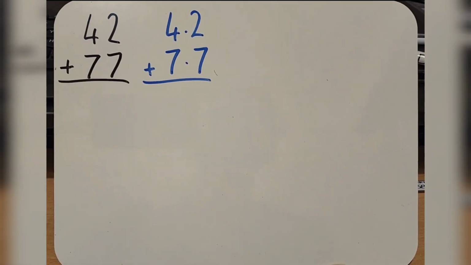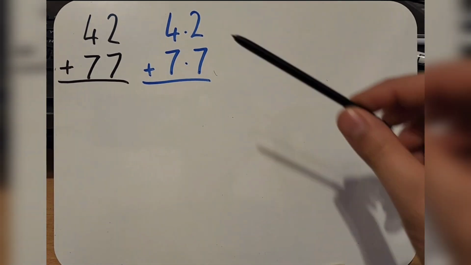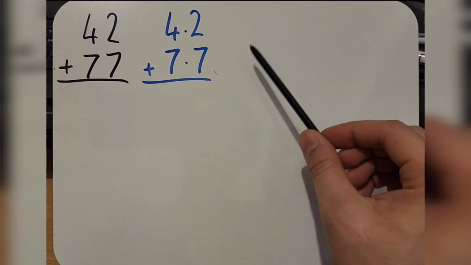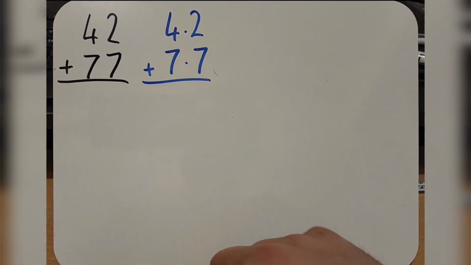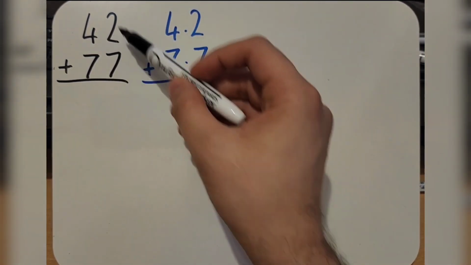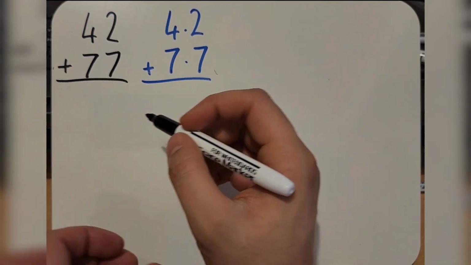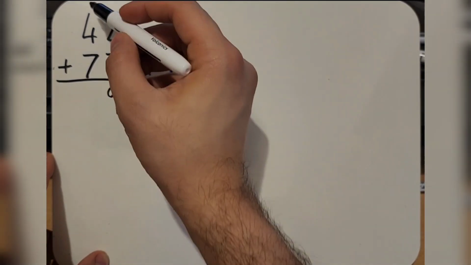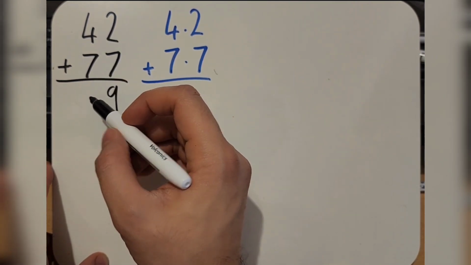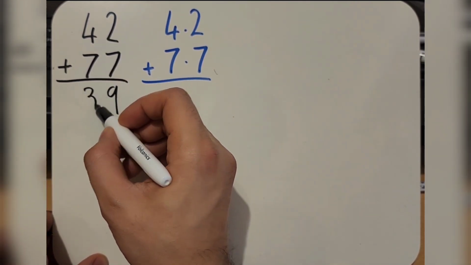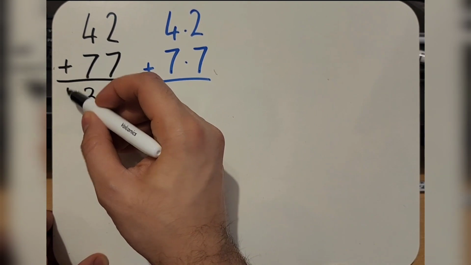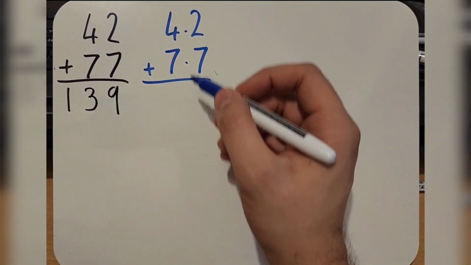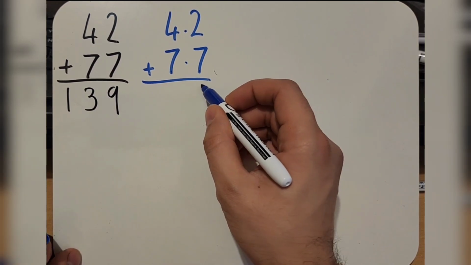So the calculation I actually want to do here is only slightly more challenging. 4.2 add 7.7. And I'm going to use the same thing here just as an example and model it using 42 and 77. 2 and 7 is 9. 4 and 7 takes us to 13. We put a 3 here, and in the next column we can put a 1, 139. In this instance, 2 and 7 is 9.